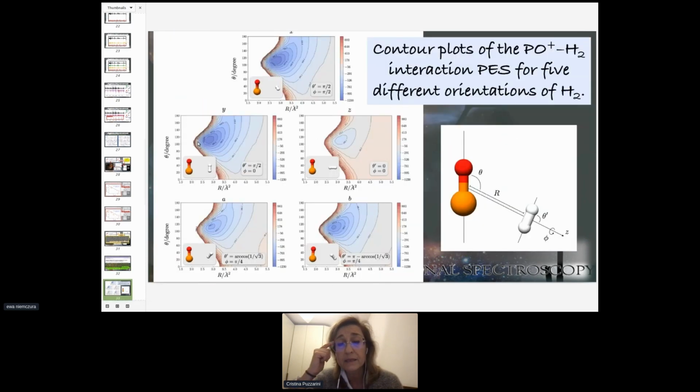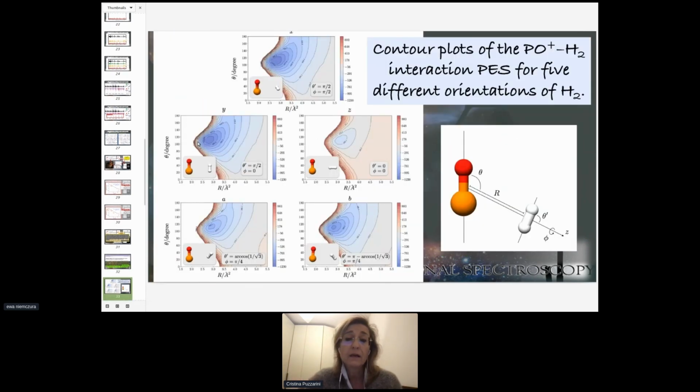This is something very extensive from a computational point of view, because you have to accurately investigate the interaction potential energy surface between your target molecule and the collider.